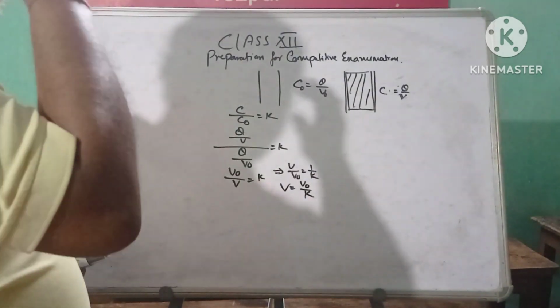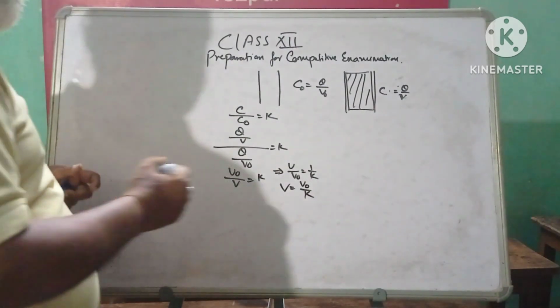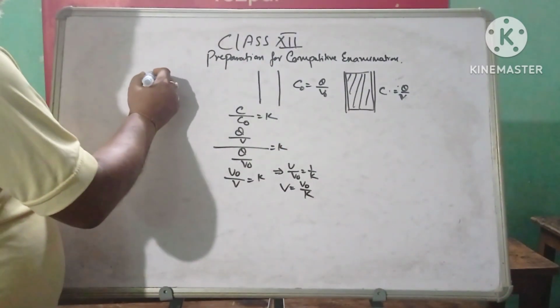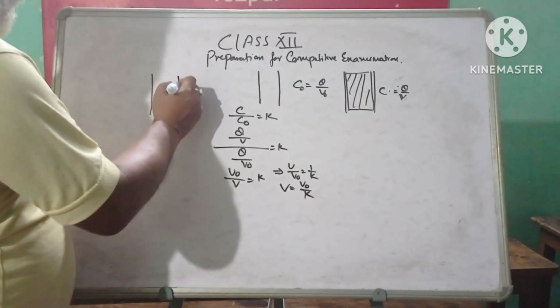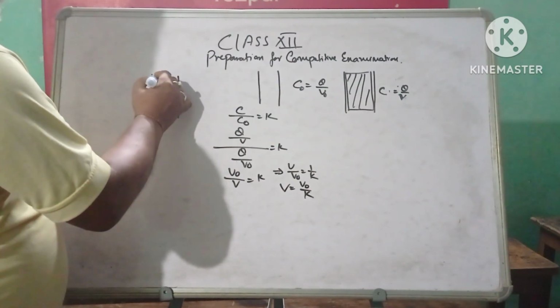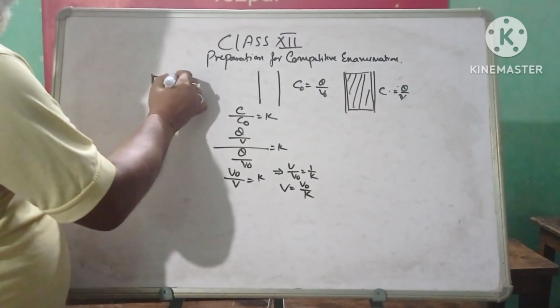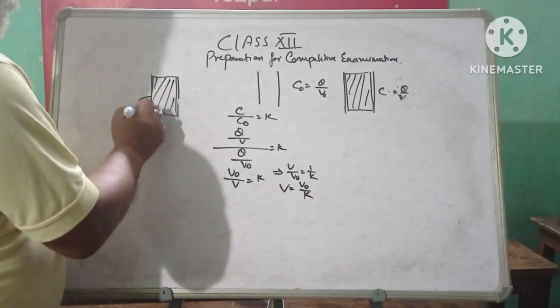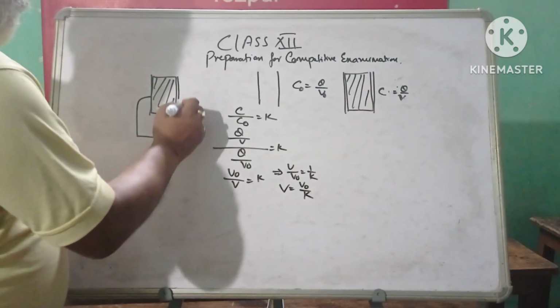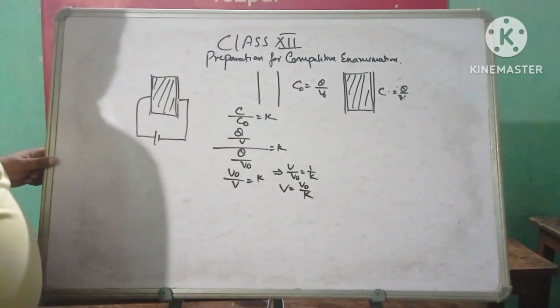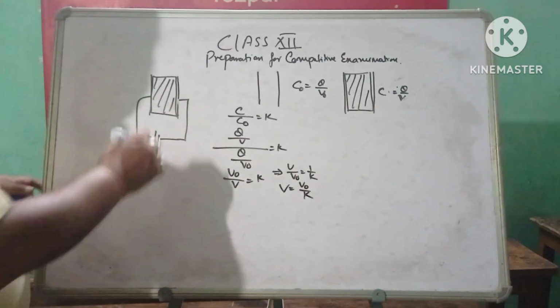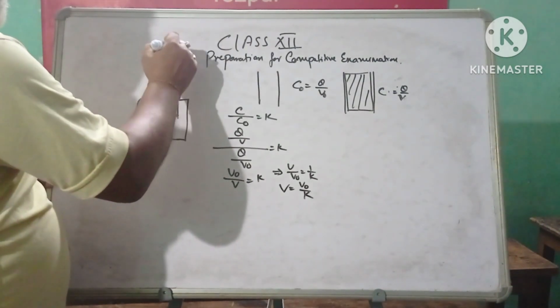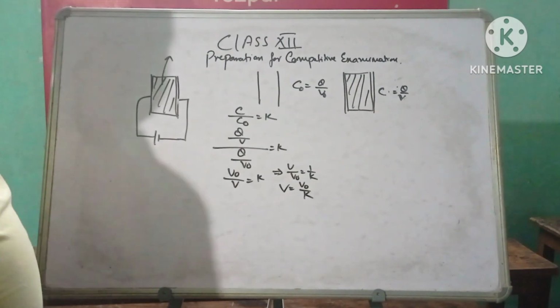Now suppose this is a capacitor fitted with a dielectric, and is connected to a cell. Now, if we remove this dielectric, what will happen?